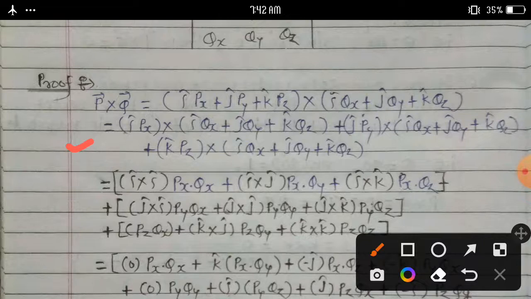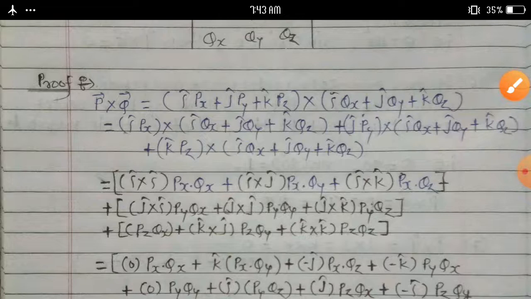Multiply each term from these brackets. First term: i cap px cross i cap qx plus j cap qy plus k cap qz. Next term: j cap py cross i cap qx plus j cap qy plus k cap qz. Next term: k cap pz cross i cap qx plus j cap qy plus k cap qz.